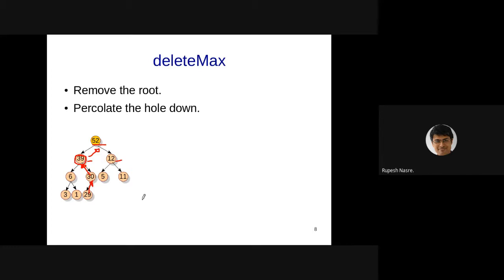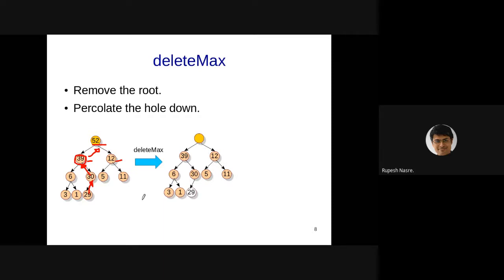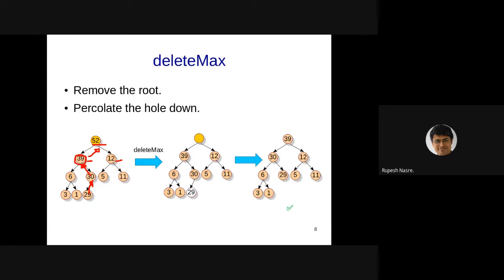If you look at it pictorially, that is what is going to happen, and we get this particular tree, which also turns out to be a max heap. Any questions on this one?